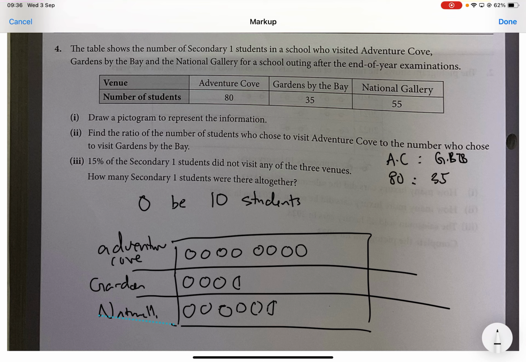This one we are still working with the numbers. Then, ratio, we must always go to the simplest form. Simplest form, don't need to crack your brain. Just key inside your calculator 80 divide fraction 35. Then your calculator will tell you 16:7.